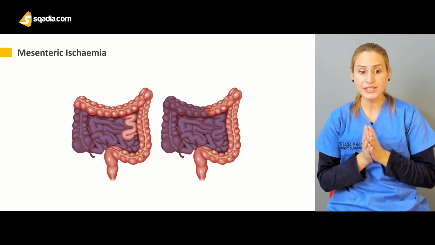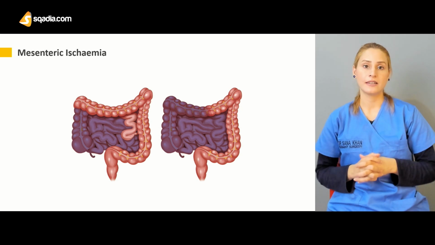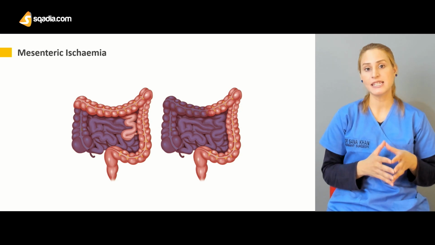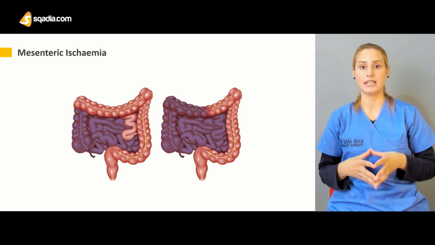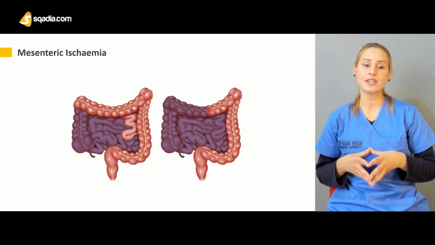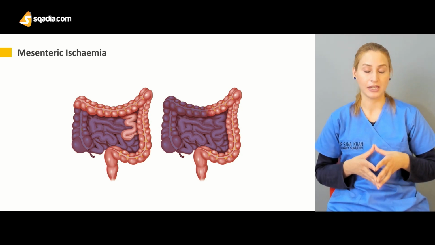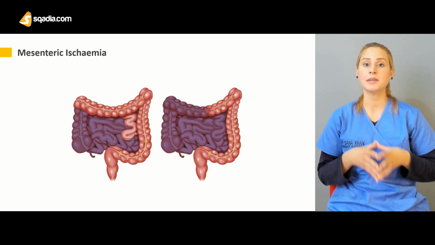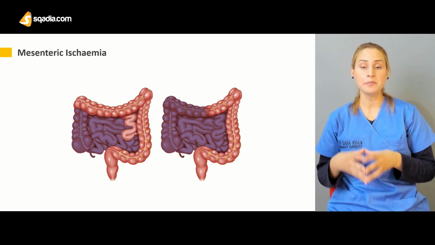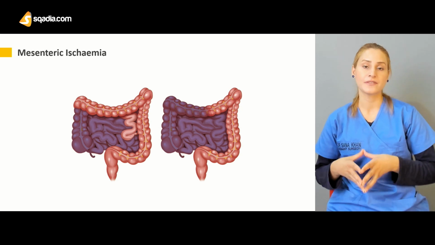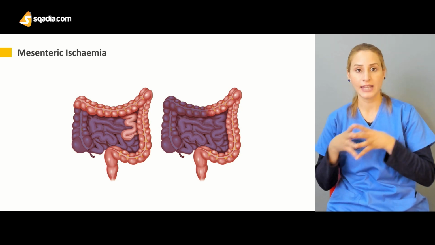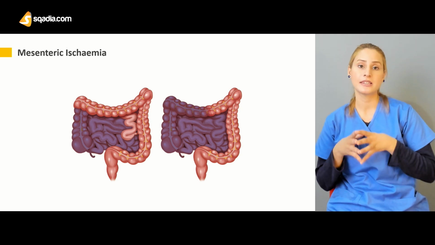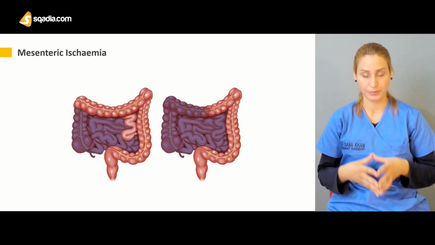Now, you need to know that there are some risk factors responsible for this presentation. Most of the time in acute mesenteric ischemia, the cause is not a thrombosis. Most of the time it's an embolus. The embolus most often arises in the left atrium, when the patient is suffering from atrial fibrillation.